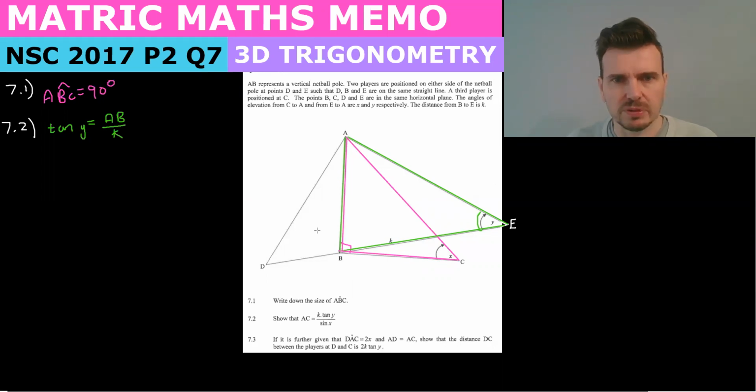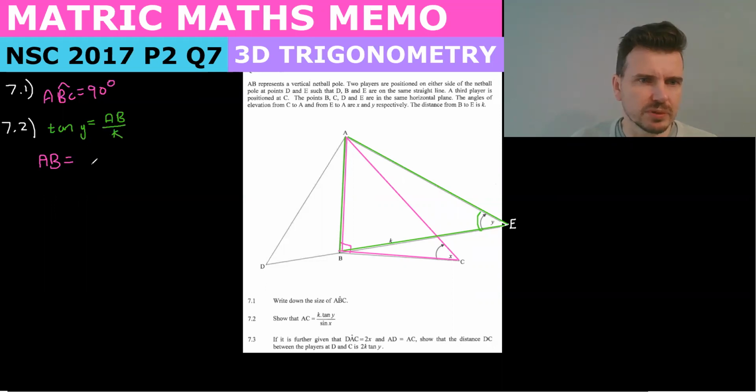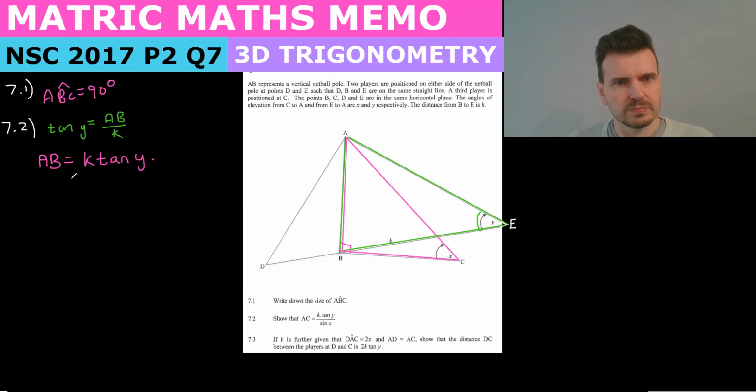So that is going to be what we use. Because we've got sine X in here, we can get AB by itself, because that is the thing that's linking the 2 triangles. So AB is equal to K times tan Y. And so now we know AB.